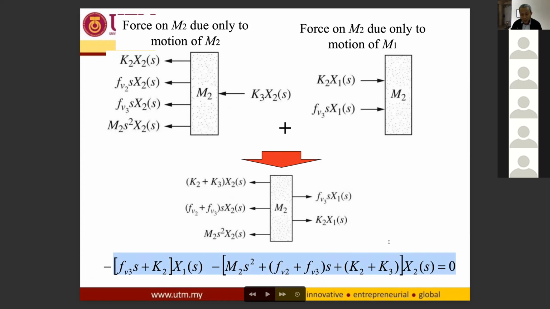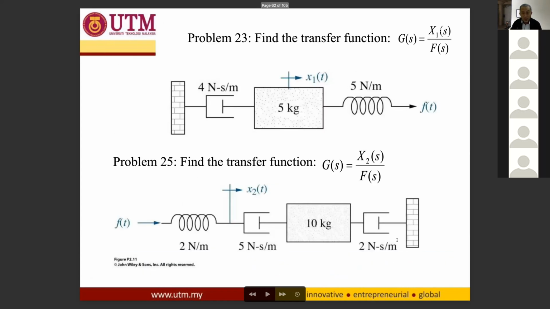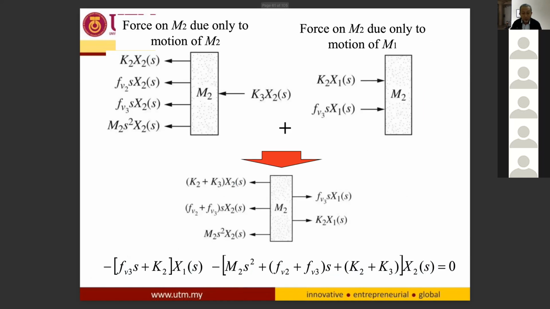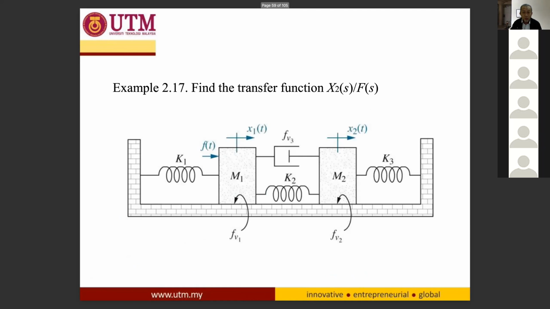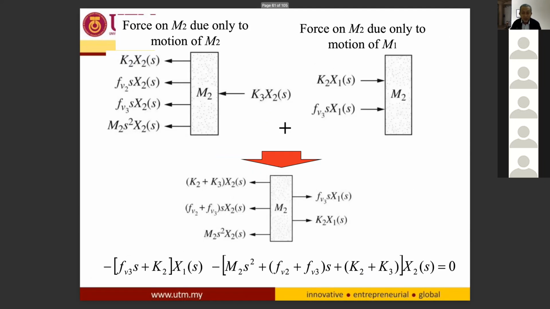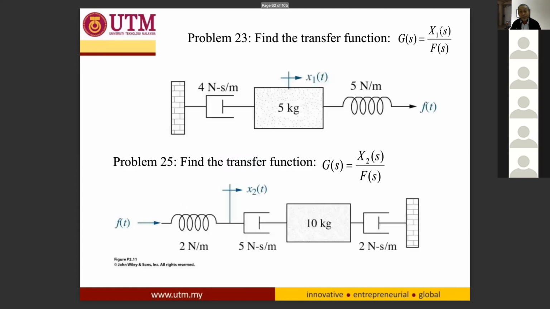You get the second force equation, and from there you can solve for X2 over F or X1 over F by creating matrices. For further reference, you can refer to the book chapter of the normalized book that I sent to you.